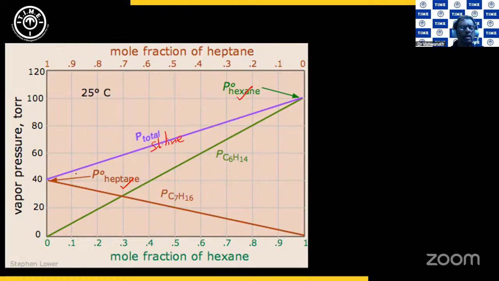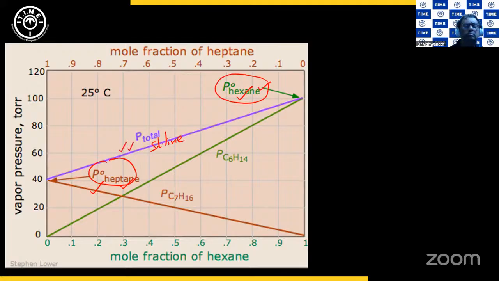With this as the P naught of heptane, but that as the P naught of hexane. So this is for heptane, that is for hexane. Clear? So this is the plot that you get.